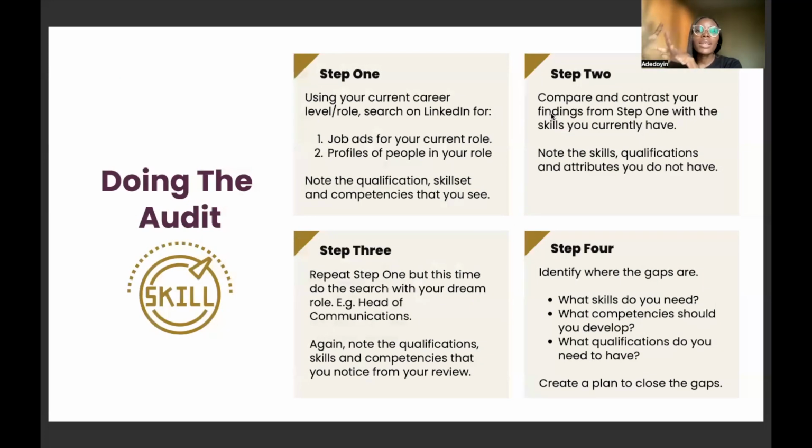Now, the next stage requires 4 steps, right? Step 1 is you use your current career level or role. So let's say your current career role is communications officer. You will go on LinkedIn and type in the search box communications officer in jobs. So go to jobs first, type communications officer.